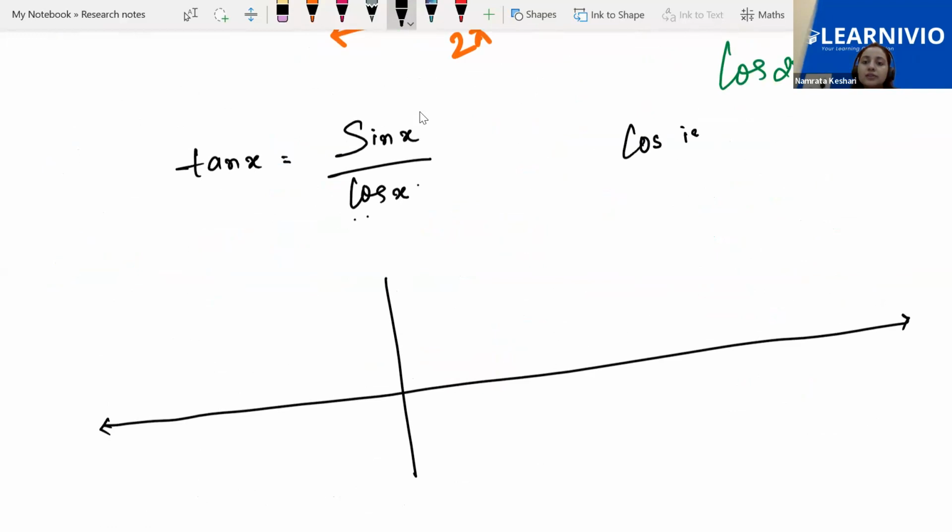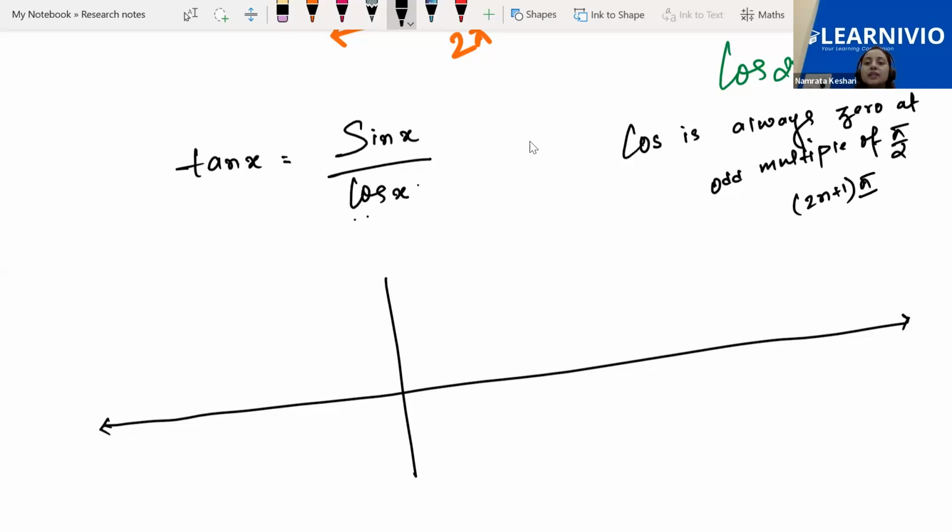That means (2n+1) pi by 2, where n is any integer. You take any integer: 0, minus 1, minus 2, 1, 2, 3, 4, whatever you take.